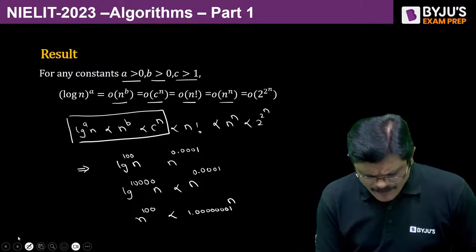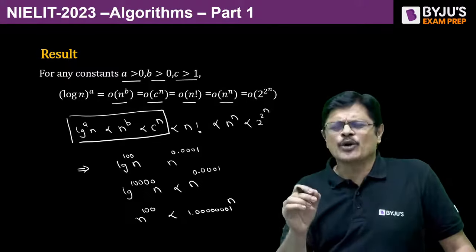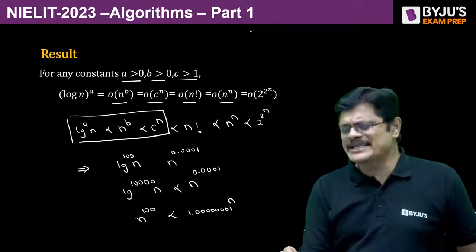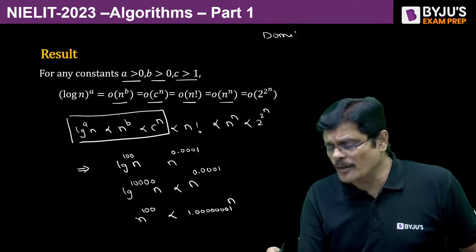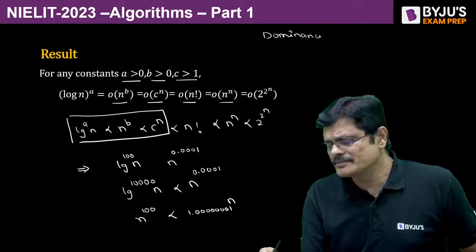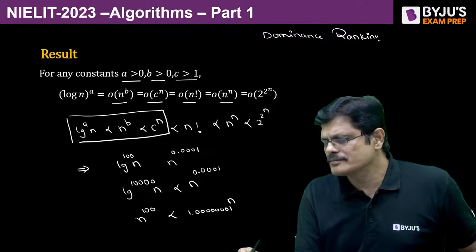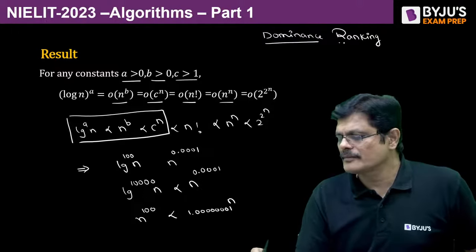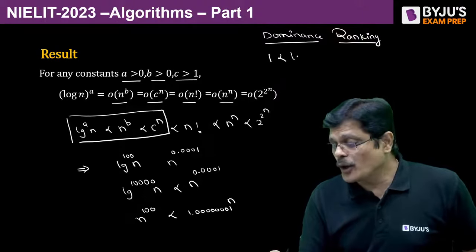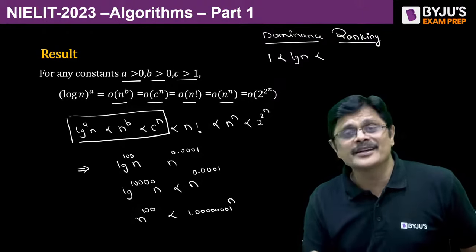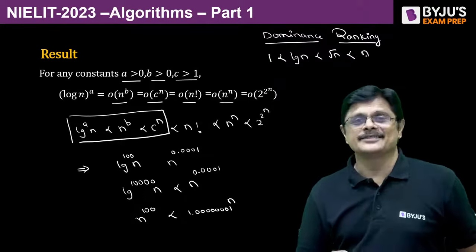And also you can remember some very basic functions, my dear friends. They call it the dominance ranking. What is this basic dominance ranking? One is smaller than log n, is smaller than root n, is smaller than n.